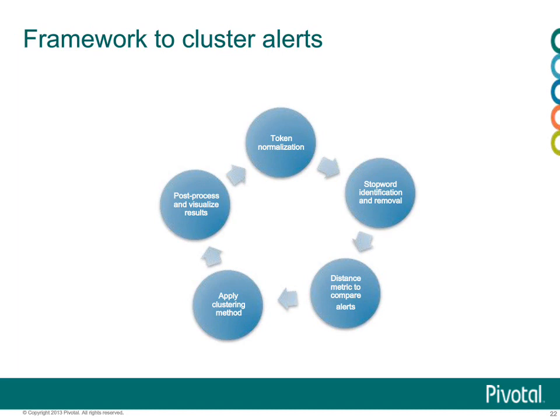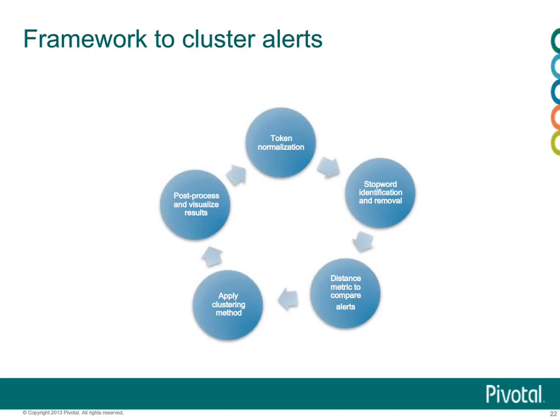And once we have computed the distance, then we'll be able to apply a graph theoretic approach to cluster all these alerts, and then we'll post-process these alerts, visualize them, and then go around this framework a couple of times to settle on the type of clustering we like. I'll go into each of these steps in detail in the coming slides.